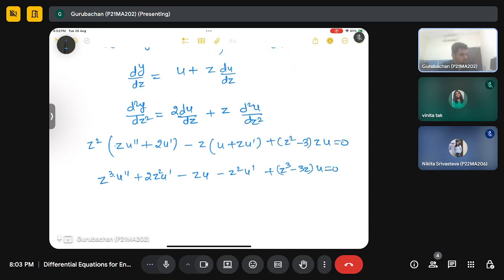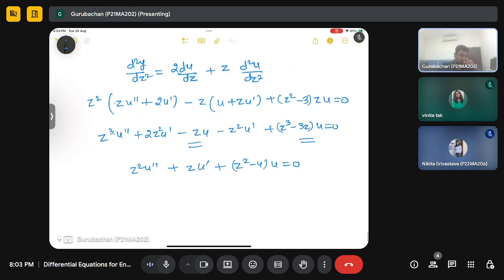Now from this there is one more term 3zu, so it will become 4. So if you solve it, you will get z square u double dash plus z u dash, I am taking z to be common, and this will give you plus z square minus 4 u equal to 0. So this is your classical differential equation now.